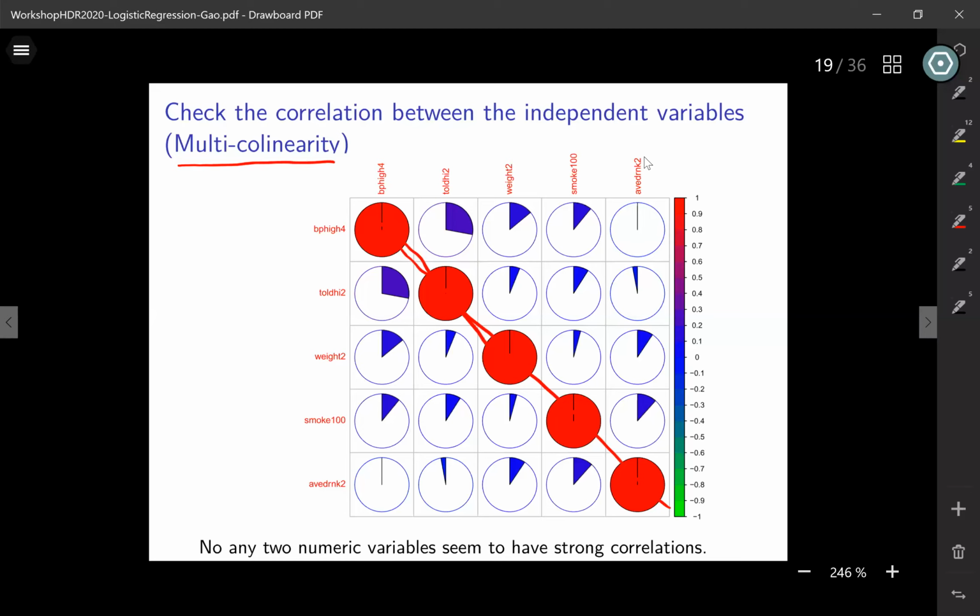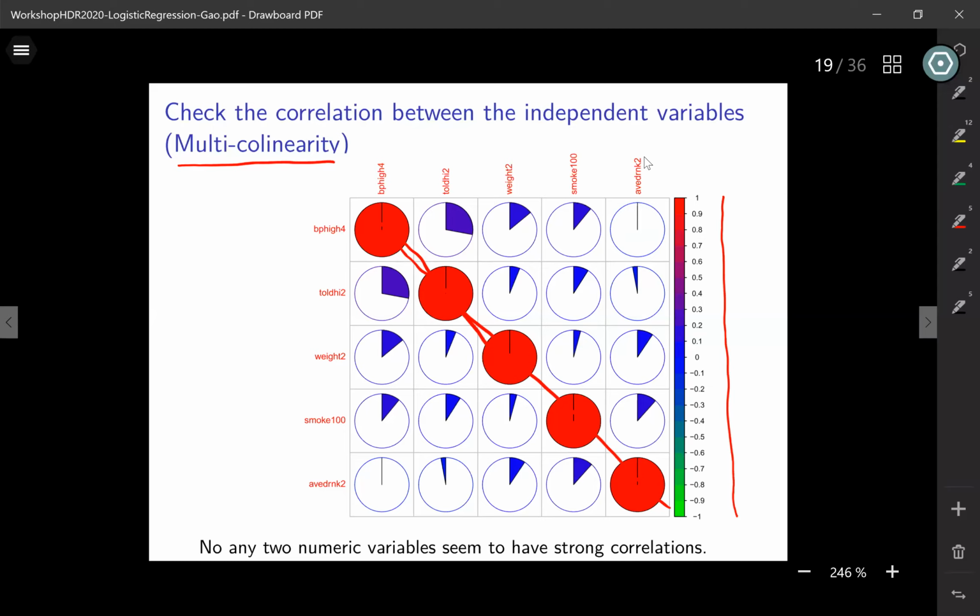So you see this full circle. That means the correlation is very high. And also you see the scale. The correlation scale is defined from -1 to 1. Negative means negatively correlated, and positive means positively correlated. The 1 means the maximum, and -1 means the negative maximum, right?